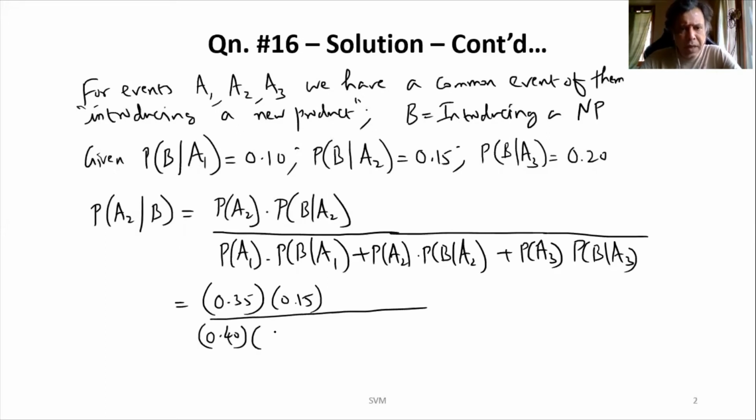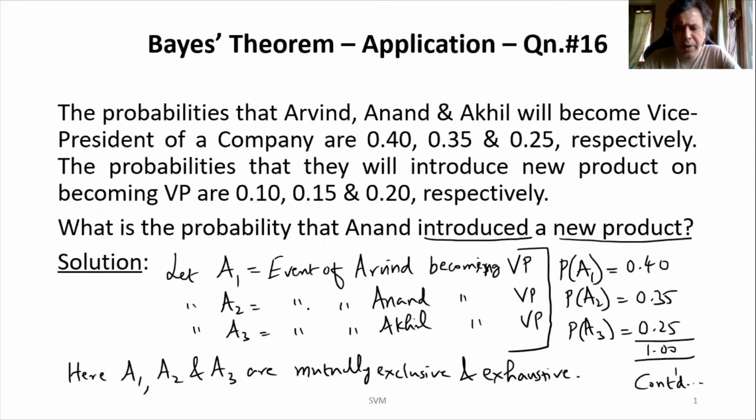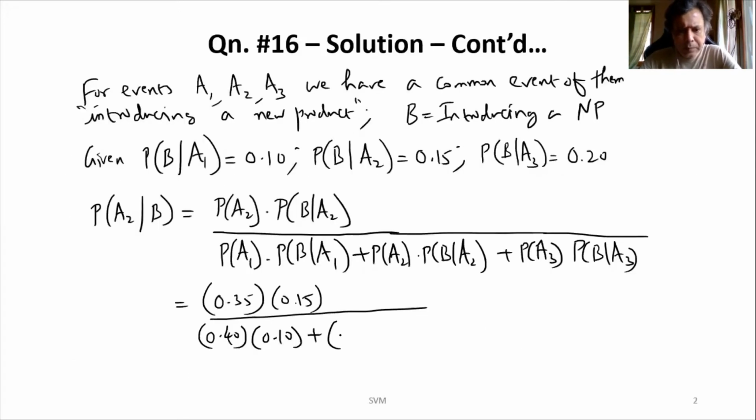Then B given A1, it is 0.1, plus probability of A2, it is 0.35. Probability of B given A2, 0.15, plus probability of A3, that is given as 0.25. B given A3, it is known to be 0.2.